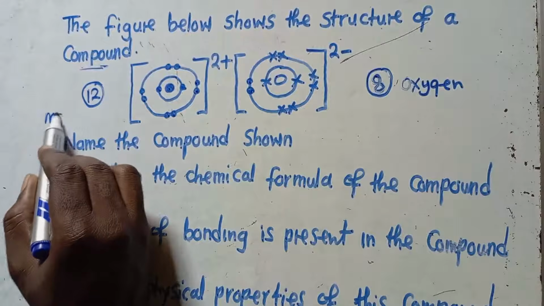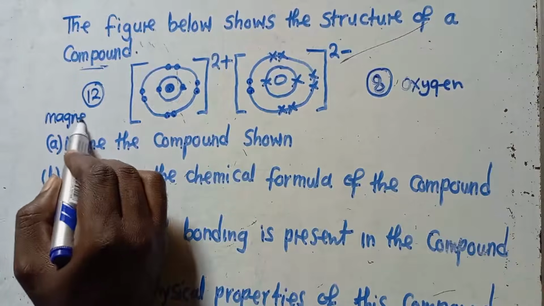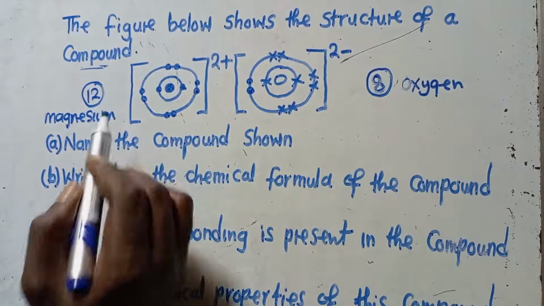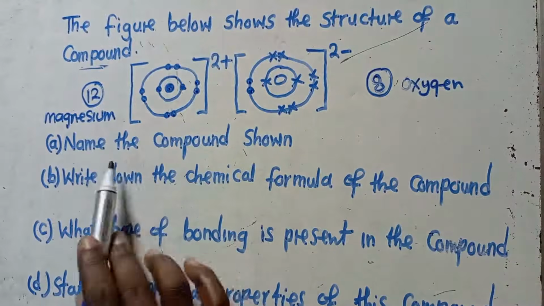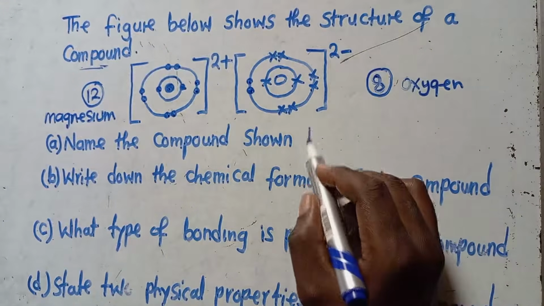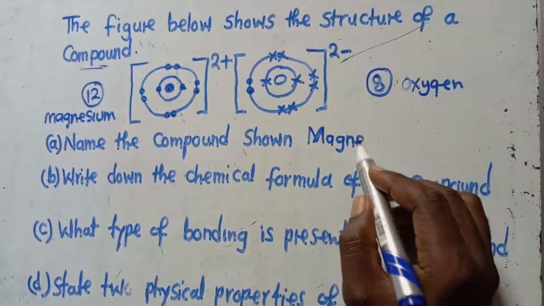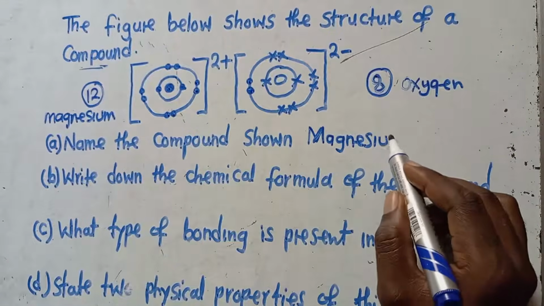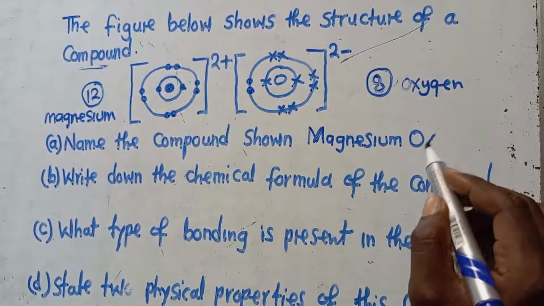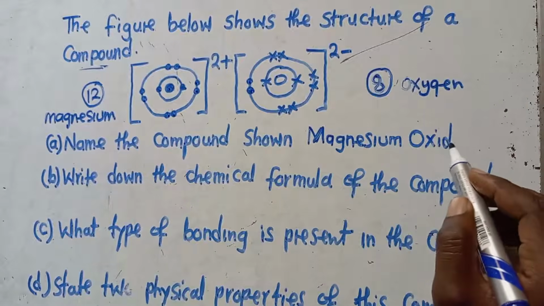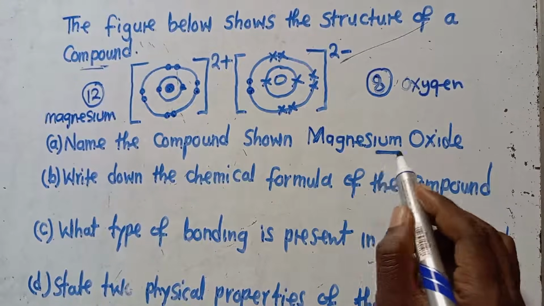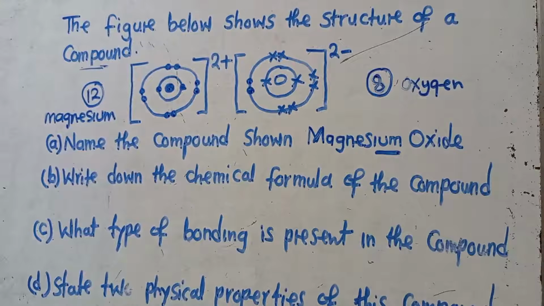That is magnesium. So when these two combine, the name of this compound is called magnesium oxide. That is what you just say. This is the name of that compound.